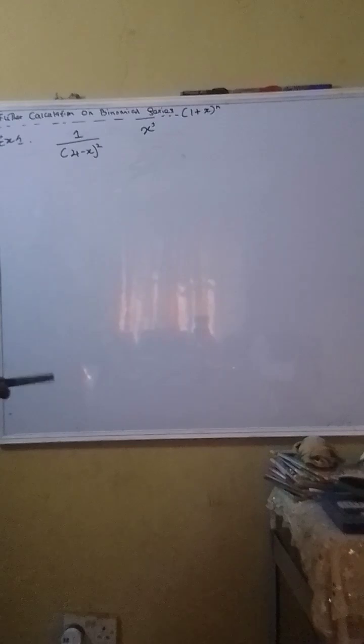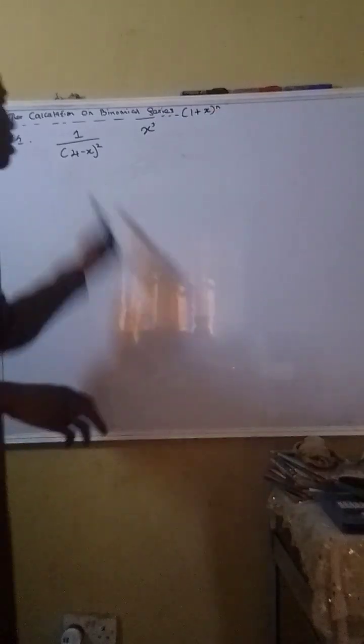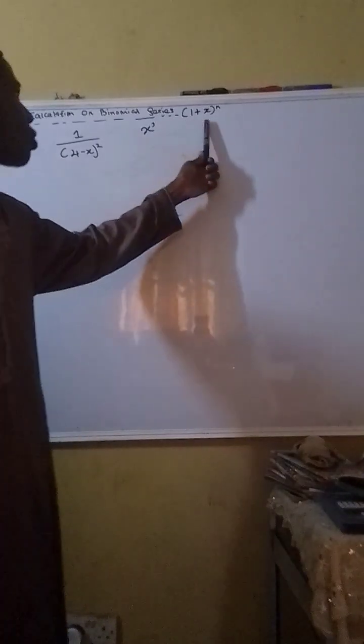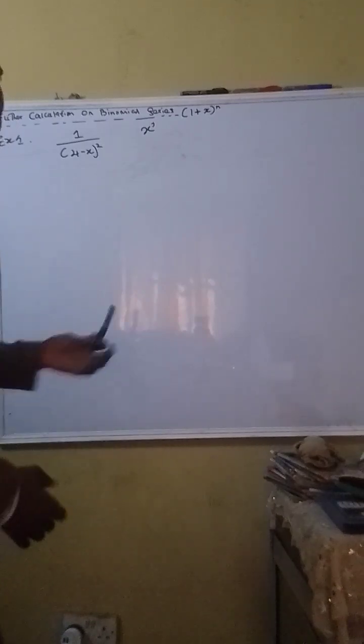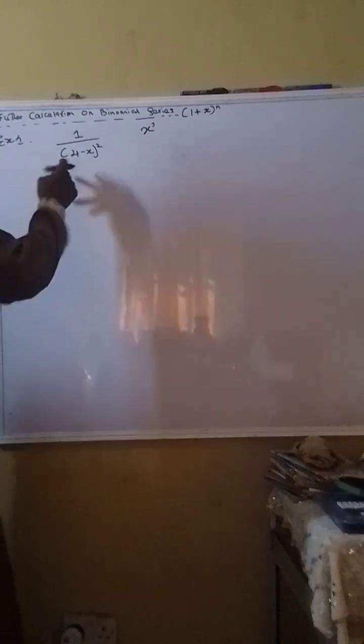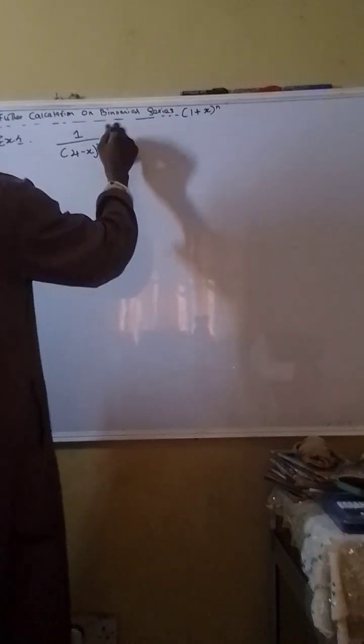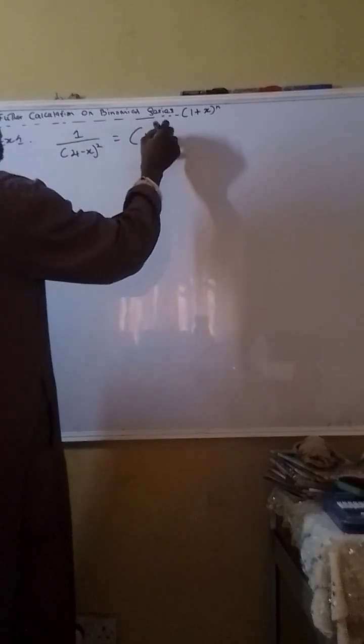At this point, you should know that you can't directly utilize this question by expanding it. So you have to break it down into pieces. And how do you break it down? We want the equation to look more like 1 plus x raised to power n, because that is the easiest way to break this kind of thing down. So from law of indices, you would agree with me that this can be equal to 4 minus x raised to power negative 2.